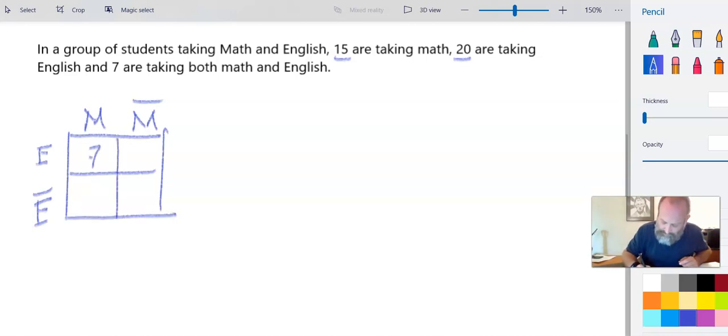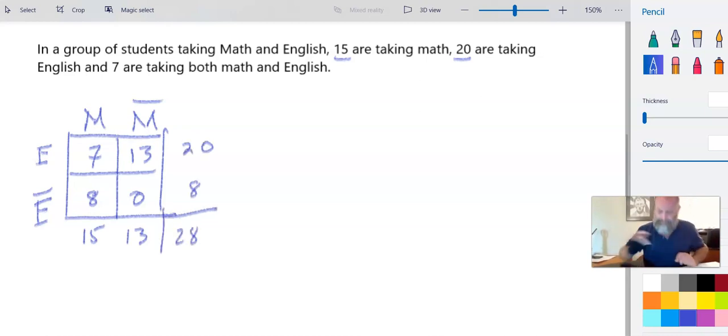And I believe we had 7, 13, 0, 8, 20, 20, 15, 13, and there we have 20 and 8, and the whole thing was 28. Okay, so that's what we came up with in the previous section there.